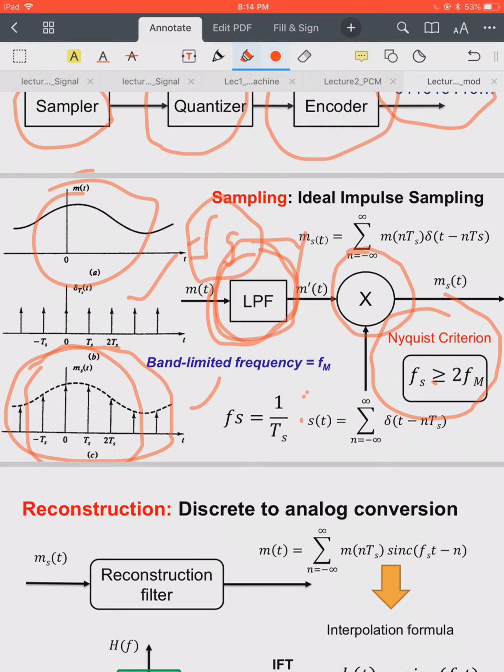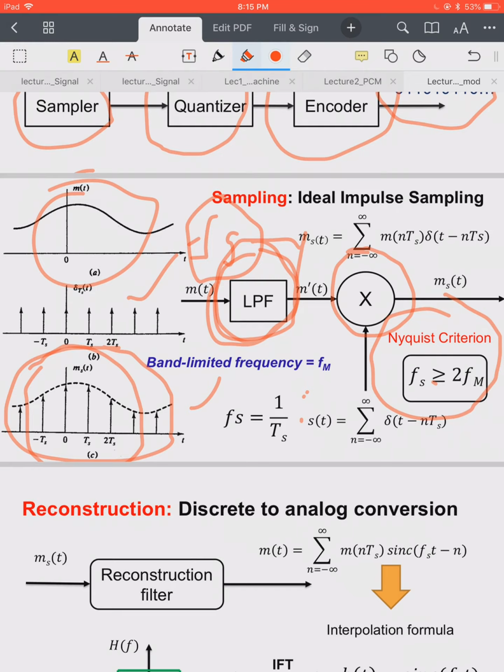To ensure that this is satisfied for my sampling system, I need to pass the input signal through a low pass filter to make it band limited to Fs by 2, the maximum frequency possible, up to which my system will be able to reconstruct m(t) from the sampled signal, right?